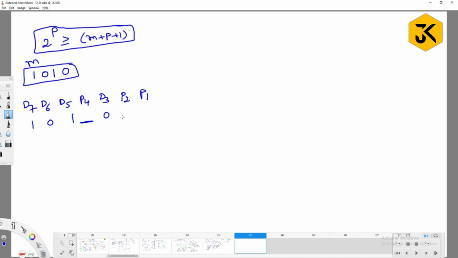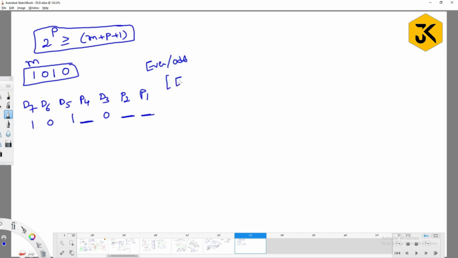So what does this parity bit define? This is the heart of the concept. There is one pattern which we can follow. I said whether it is even parity or odd parity.